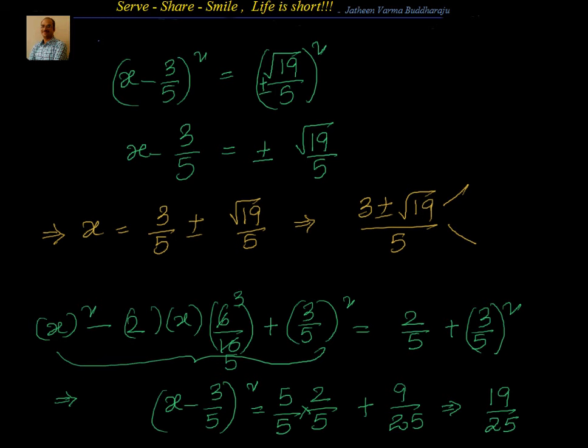So it can be (3 + √19)/5, or it can be (3 − √19)/5.